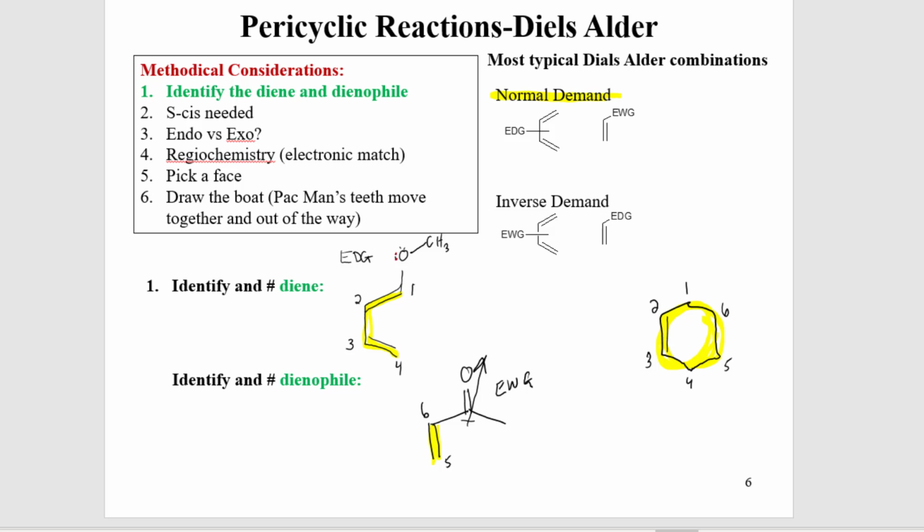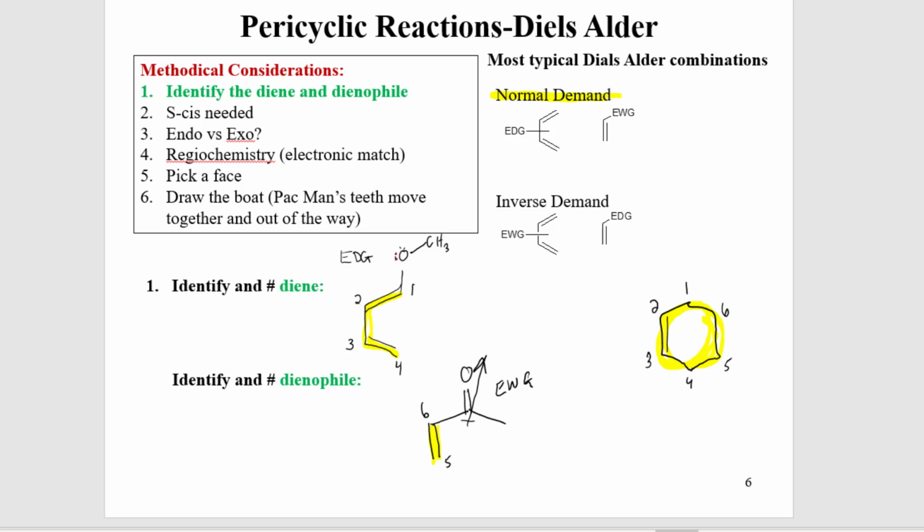Normal demand for Diels-Alder means the donating group is on the diene and the withdrawing group is on the dienophile. Inverse demand just means that you reverse them. There's still going to be demand because one is electron rich and one is electron poor, and it does totally work with them reversed. But the most typical and widely used and easiest to see is the normal demand system. So we're going to be concentrating on normal demand.